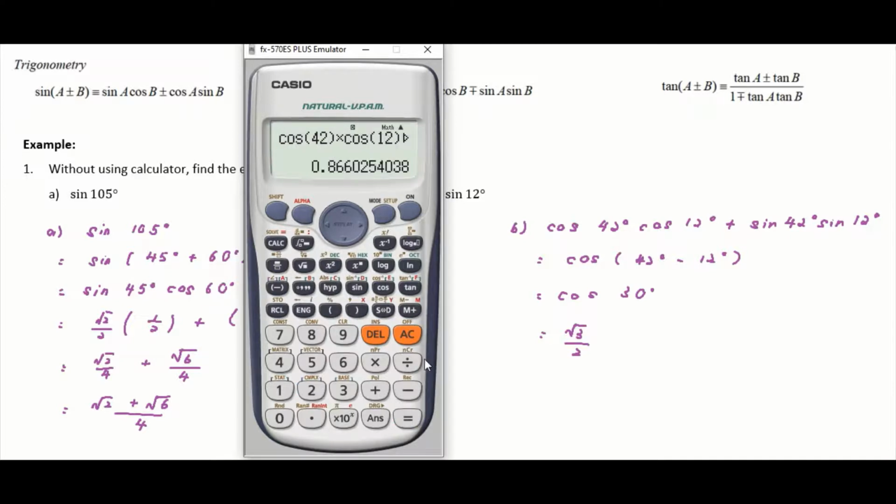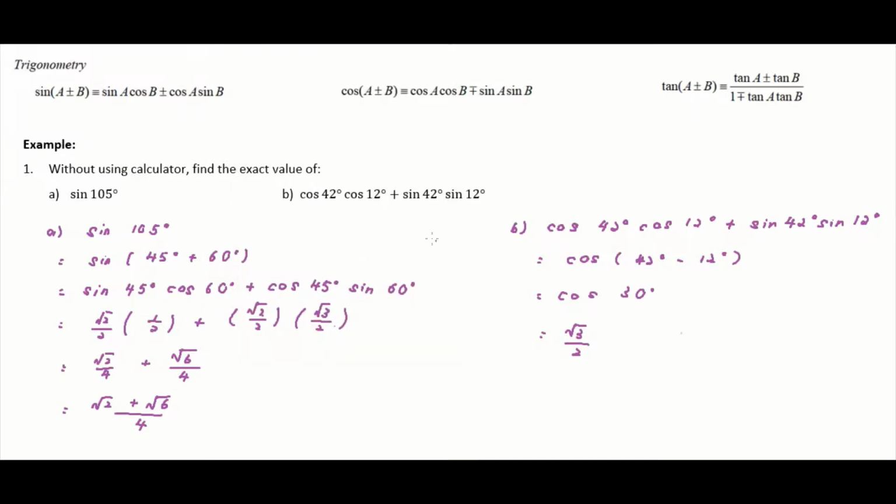Okay, and check whether you get the answer or not. So 0.866, they didn't write it in the form, so maybe you can just check it out. 0.866, so square root 3 divided by 2. So do you get 0.866? Yeah, so which is correct. Alright, so let's move on to number 2.